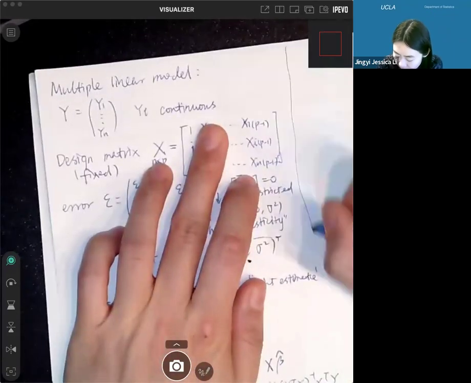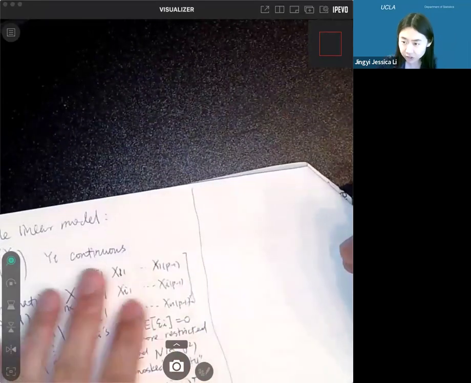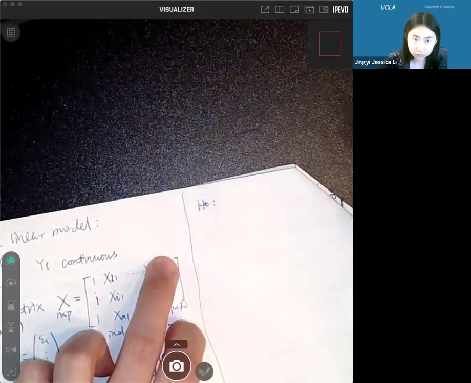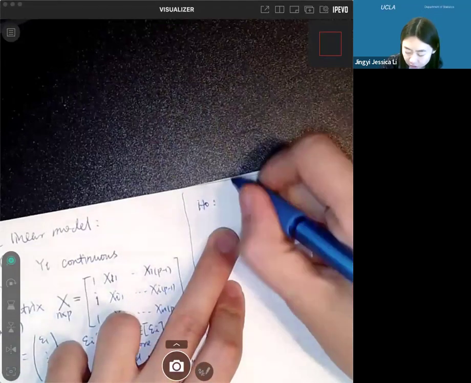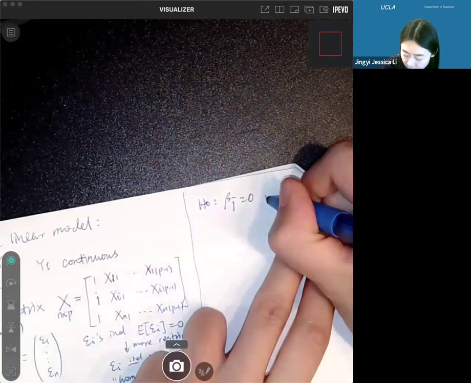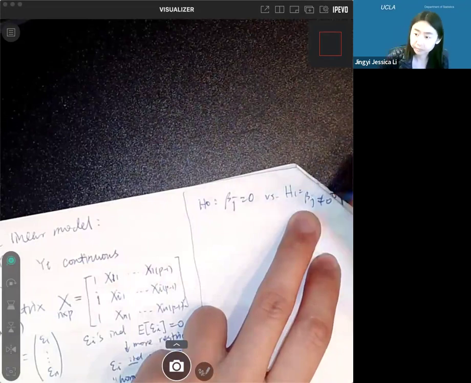So everything we said in this class is under the frequentist paradigm. So the null hypothesis, H0, is beta j is 0, versus the alternative H1, beta j not equal to 0.